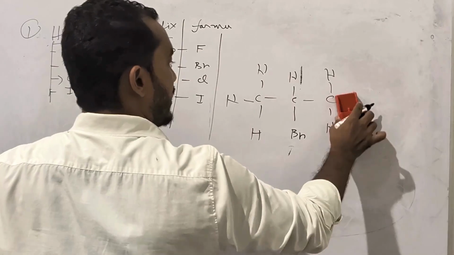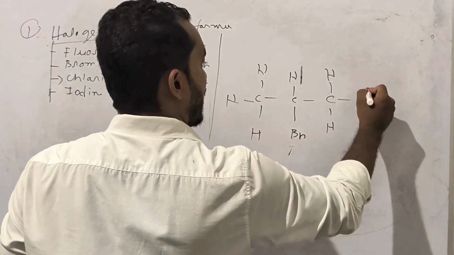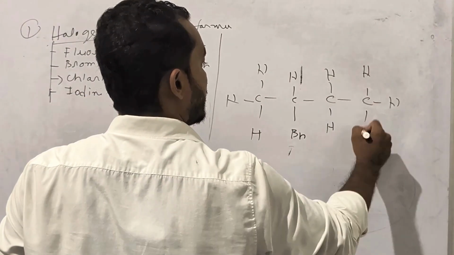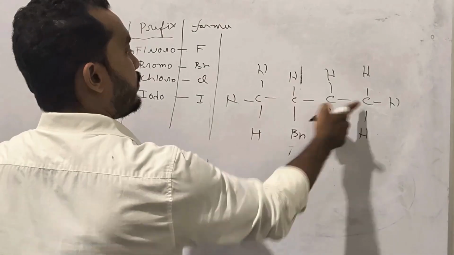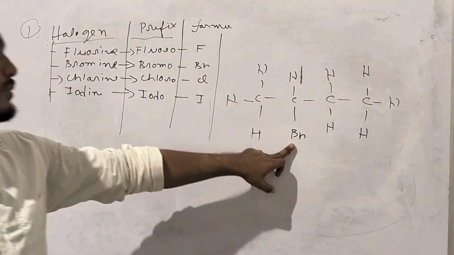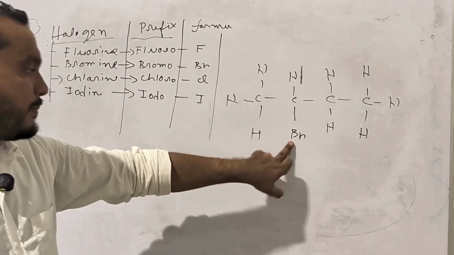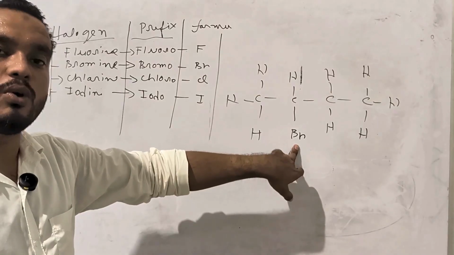Like that, if more carbons are there, now it is 1 2 3 4 carbons, and there is a functional group of halogen, and for Br we have the prefix bromo.